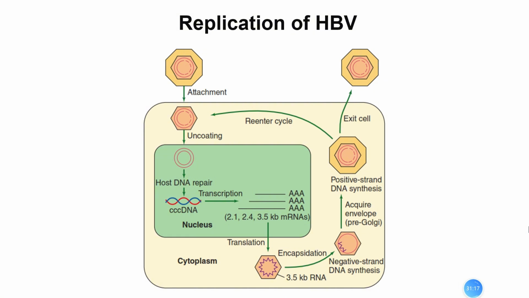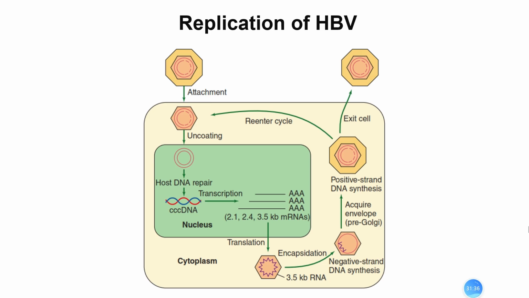the host nucleus. In the host nucleus, the host DNA polymerase would make a complete double-stranded DNA, to make the genome into complete double-stranded DNA.